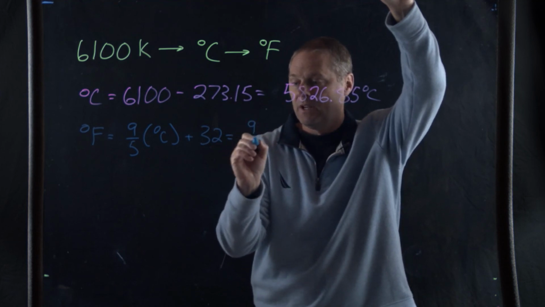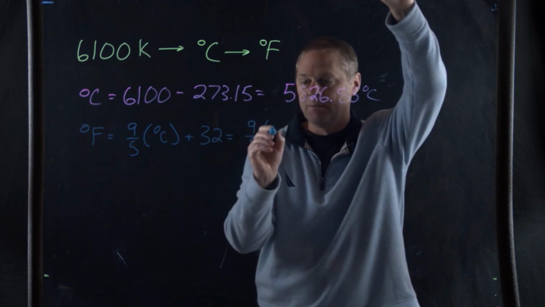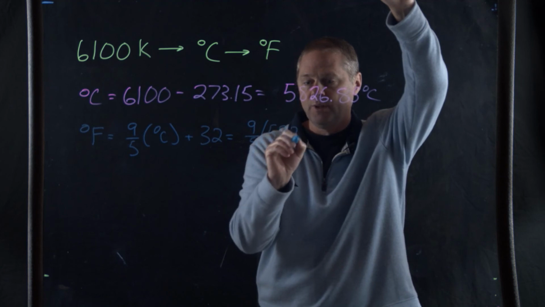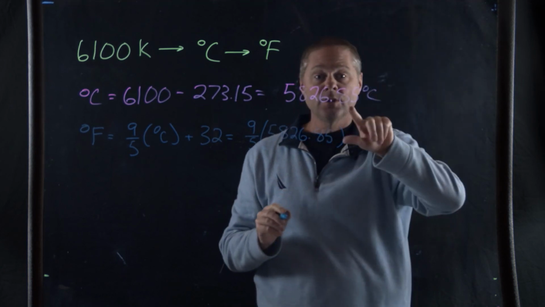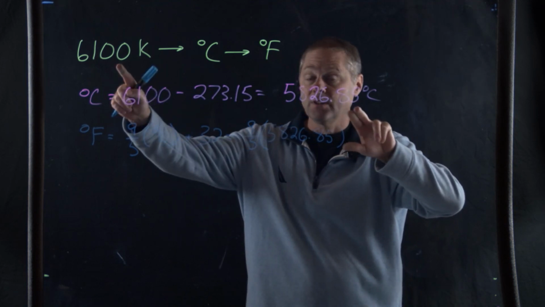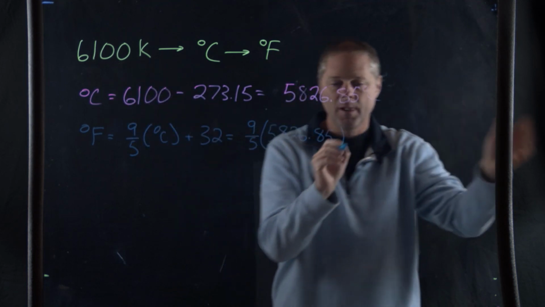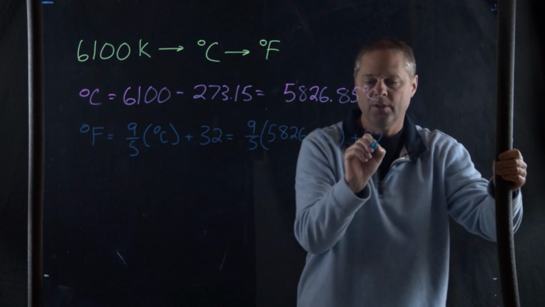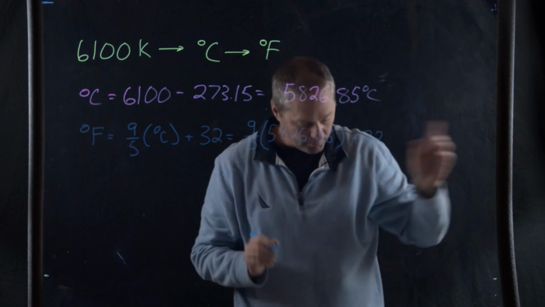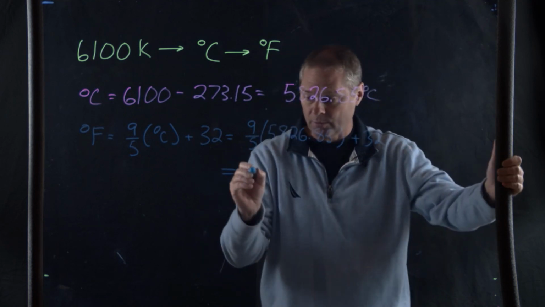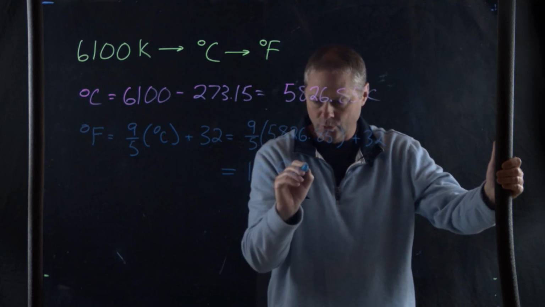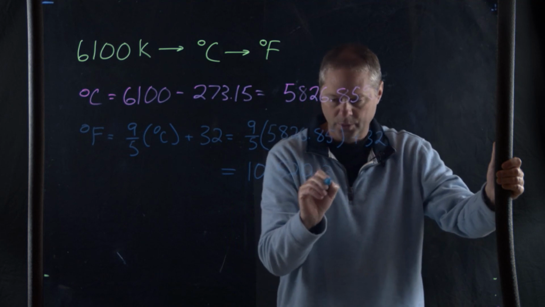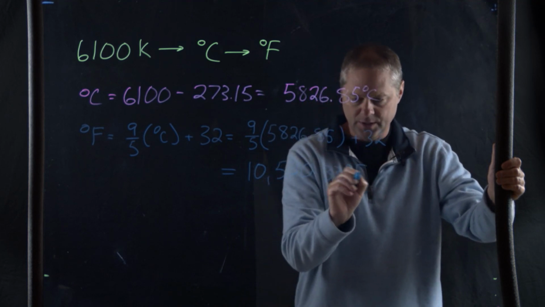So that becomes 9/5 times 5,826.85. Be careful to use this number and not that number. This is the degrees Celsius. That's the Kelvin, plus 32. We do that arithmetic, and what we get is 10,520.33 degrees Fahrenheit.